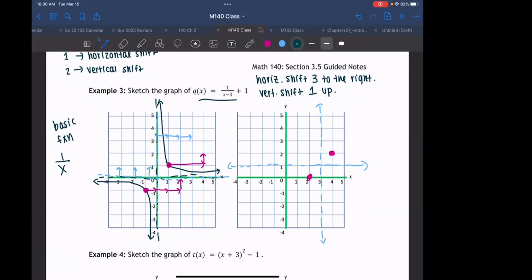Okay. And all we have to do now is draw the shape that's on the left. This shape is awful. I am really bad at drawing. There we go. Okay. So any questions on example 3?